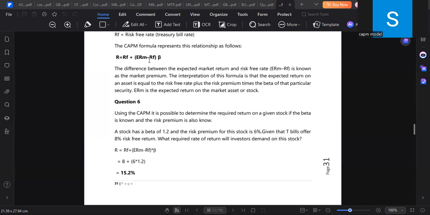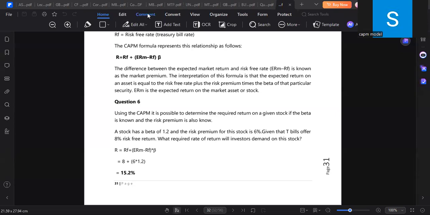Then we've been given what else? The market return of 8%, or market risk-free rate of 8%. So just put them in there. So where there's risk-free rate 8%, you don't need to put a risk-free rate in the return because all this is premium.